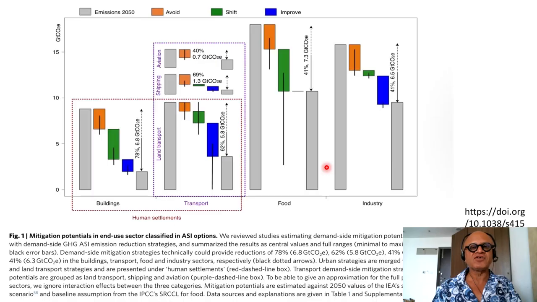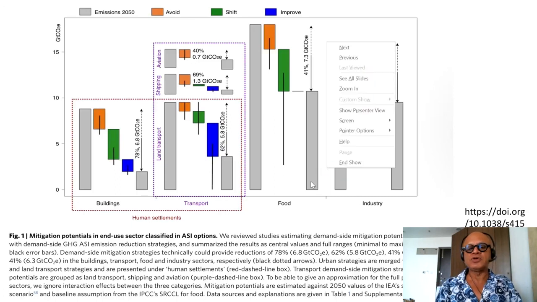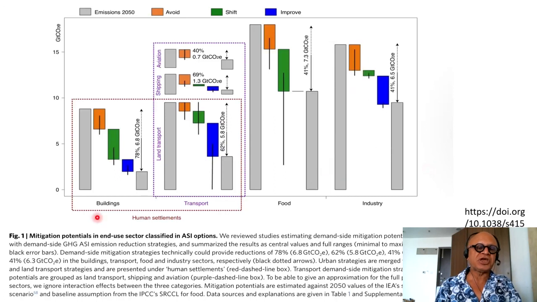This goes a little bit further and introduces a framework called Avoid, Shift, and Improve, and starts with a very good way of depicting the potential contributions.